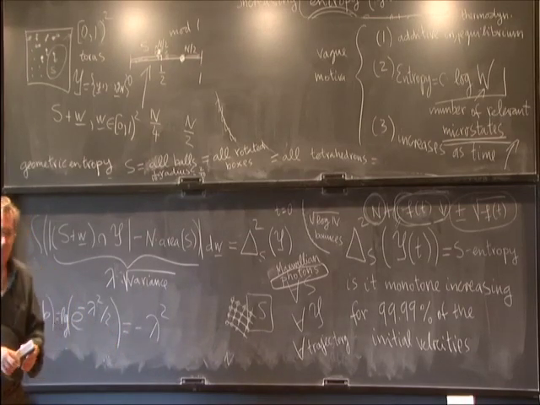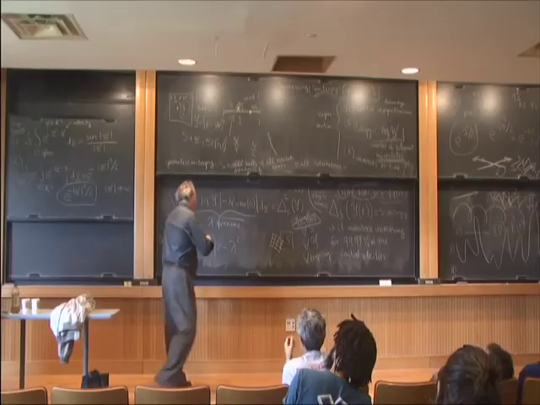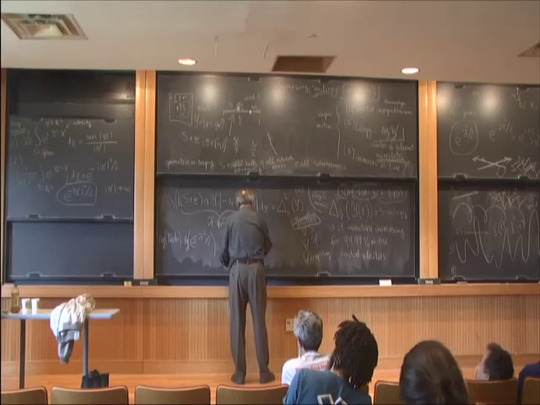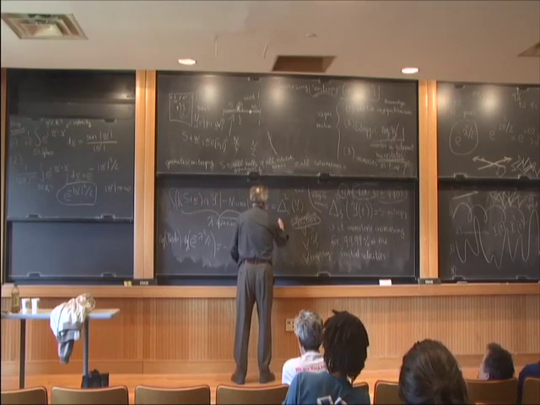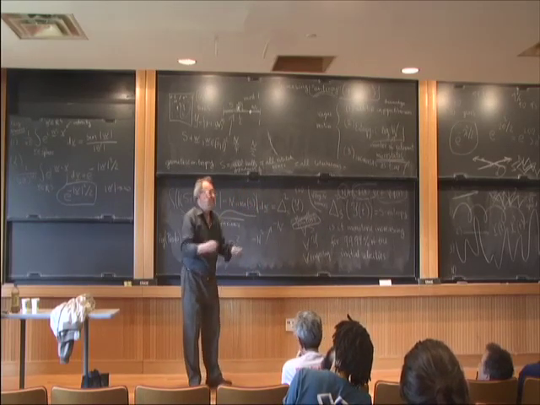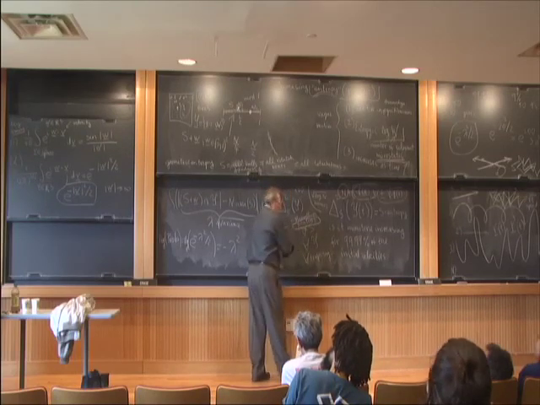But the range for your entropy goes between n squared and n. That's right. And the normal entropy, this log, would go between, I don't know, 0 and something. Yes, so actually my entropy with the negative is different. It goes from negative n squared to negative n. This is where it goes. And when it reaches negative n, then it fluctuates around there.